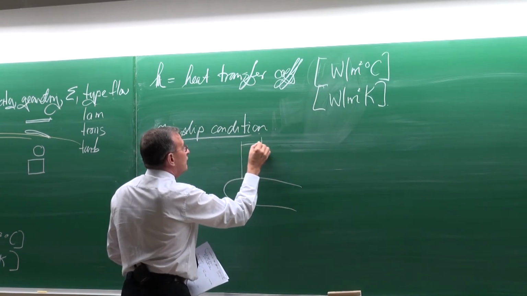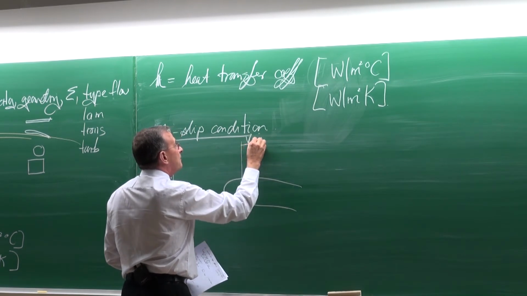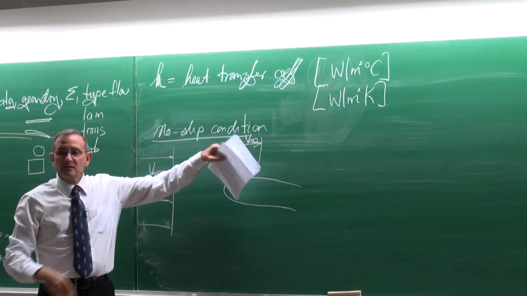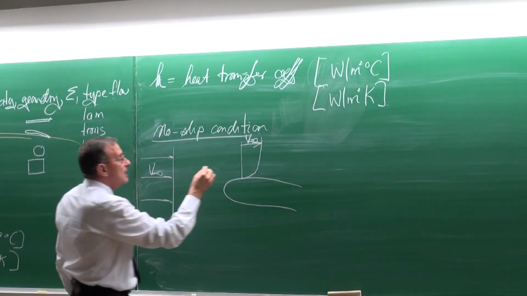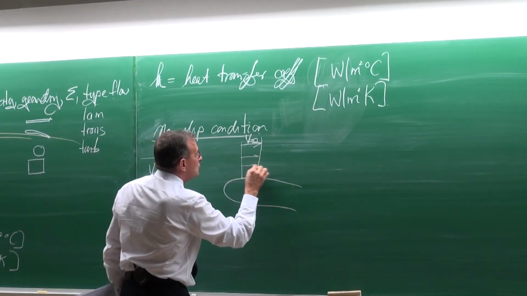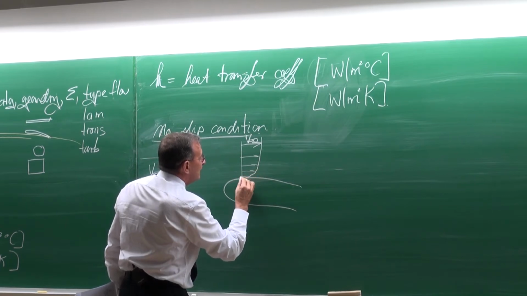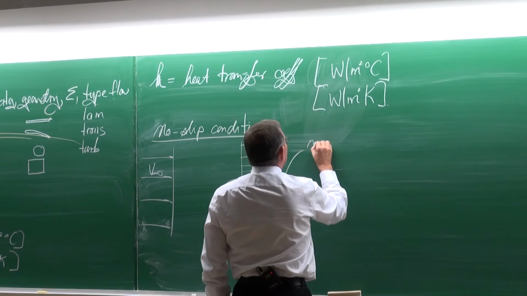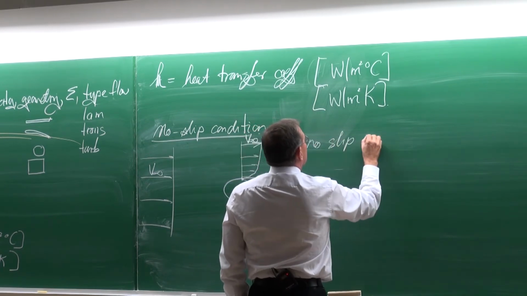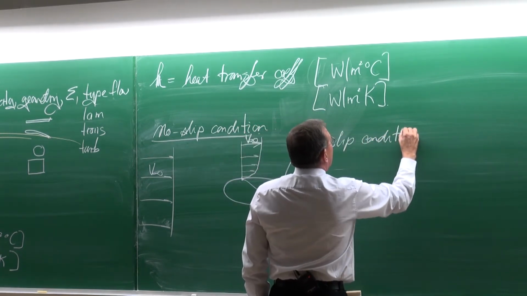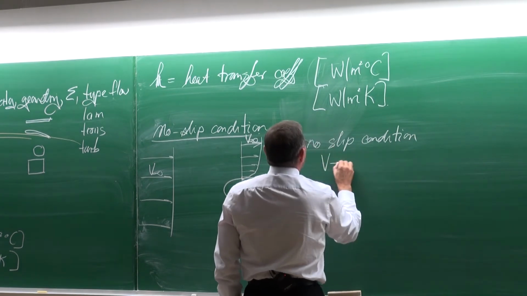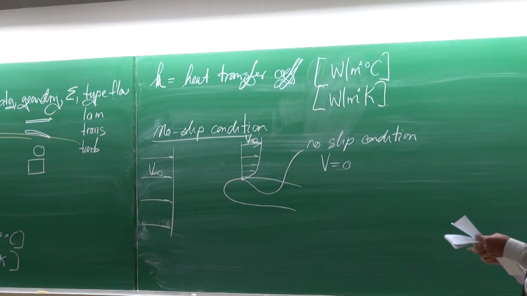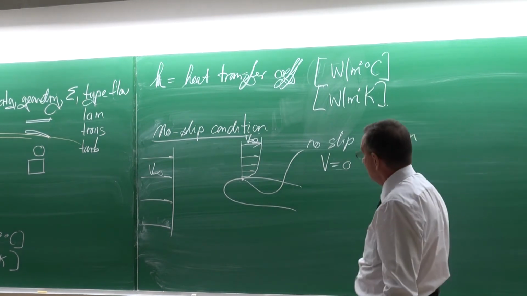Then there will be a velocity distribution that would be V infinite, the free stream velocity, but as you go closer to the surface, you will get to the point where that is called the no-slip condition, and that would be where the velocity is equal to 0.